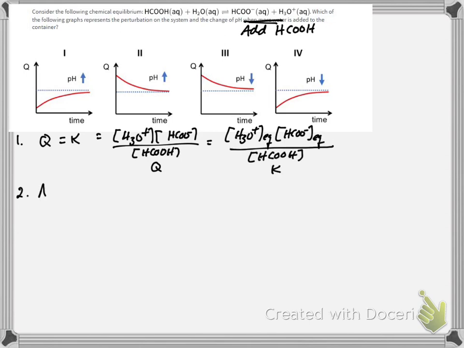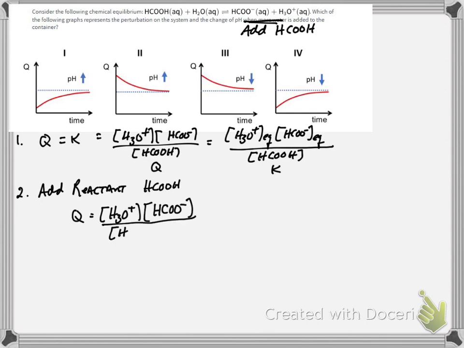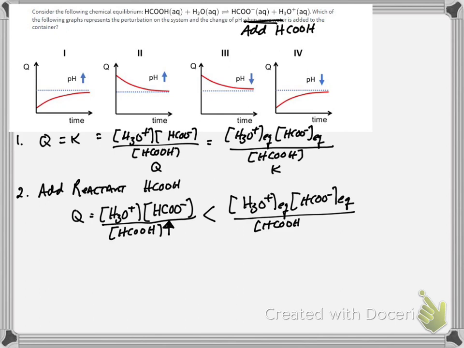So by adding reactant, Q has decreased because the HCOOH is a reactant, and it's in the denominator. So that means Q went down relative to K, because K didn't change.